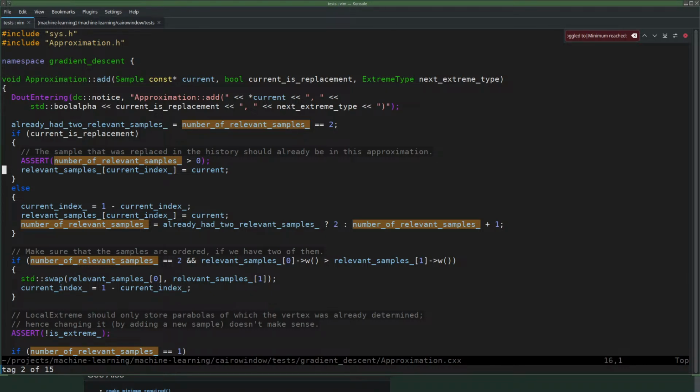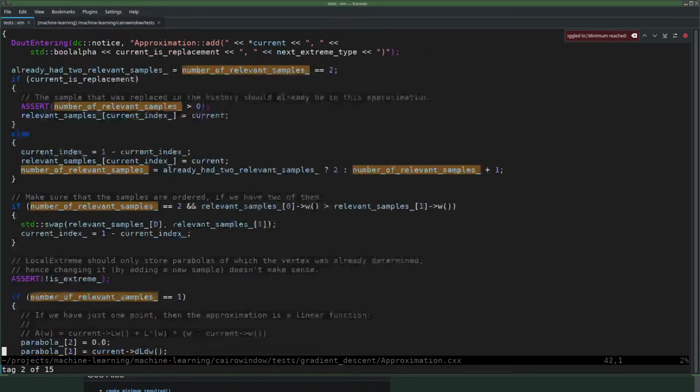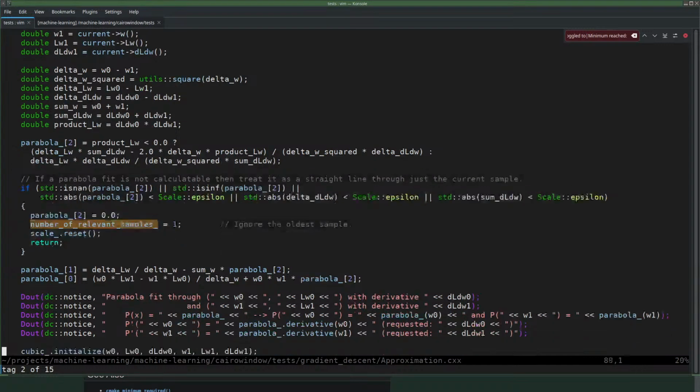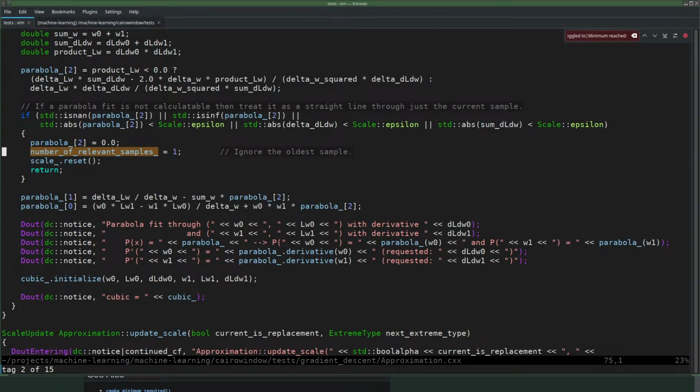That it is already larger than 0, or it is set to 2, or number of relevant samples plus 1. So it's either set to 1 or 2, or left at 1 or 2. Yeah, it's set again to 1.